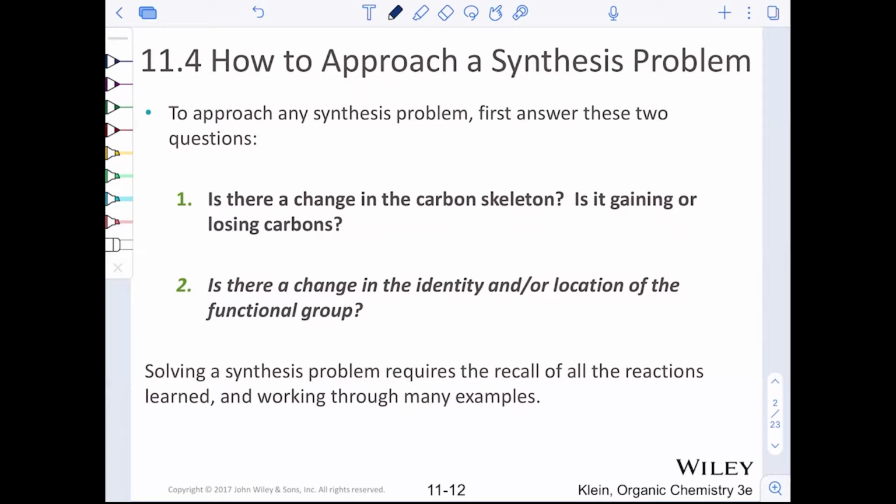The second thing I want to be asking myself is, is there a change in the identity or the location of the functional group? And we need to be as specific as possible. The more specific you are in describing those molecules, the ones given, the reactant and the product, the better you will be able to recall the reaction that is required.